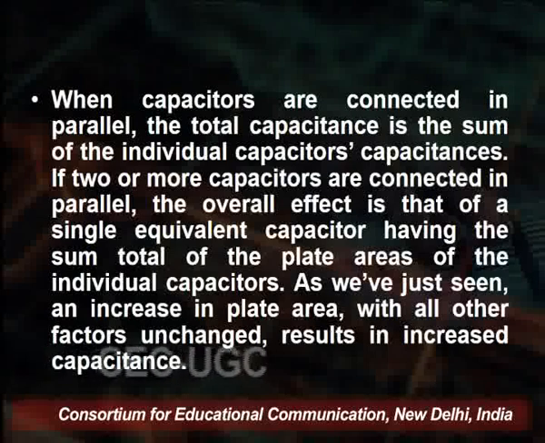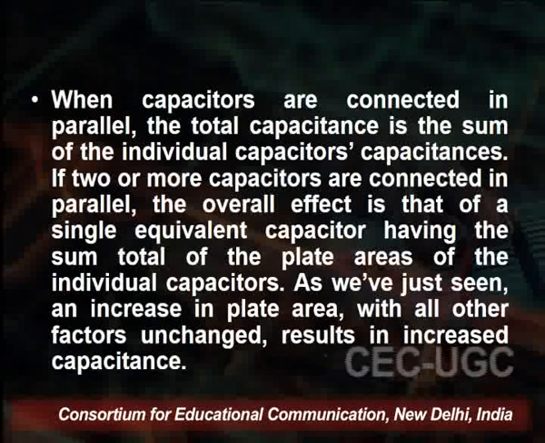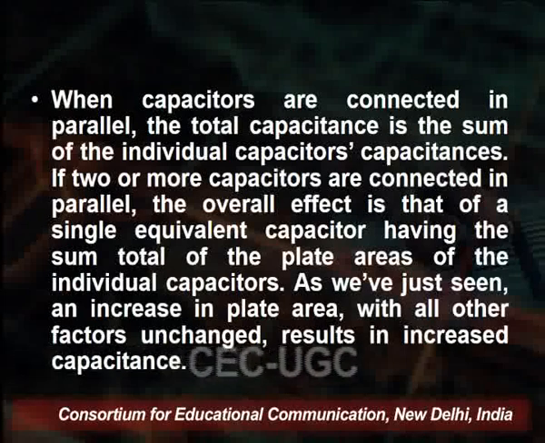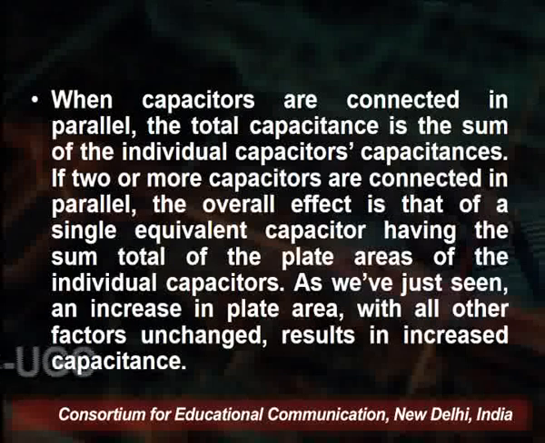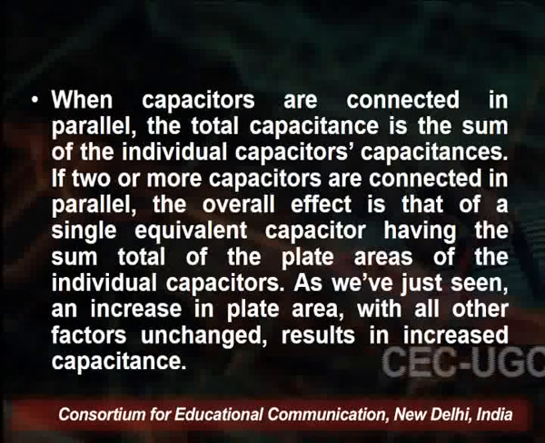When connected in parallel, the total capacitance is the sum of the individual capacitances. If two or more capacitors are connected in parallel, the overall effect is that of a single equivalent capacitor having the sum total of the plate areas of the individual capacitors. As we have just seen, an increase in the plate area with all other factors unchanged results in an increase in capacitance.